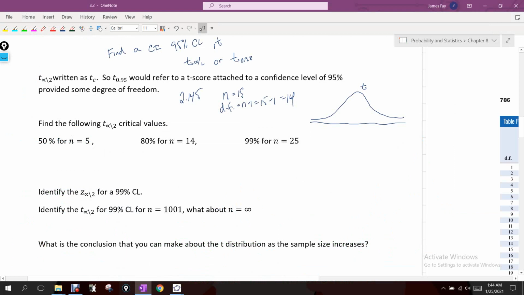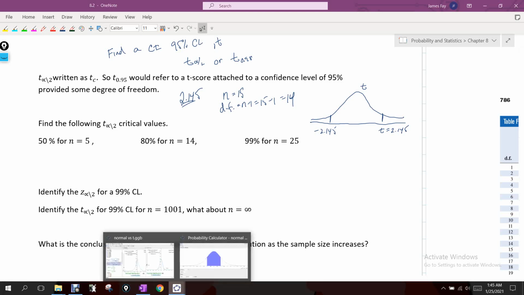But if I just put the curve there and don't say it's a t distribution, you might think it is a normal distribution. Basically, with this 2.145, we're saying on this curve, if I go out to a t-score of 2.145 and a t-score of negative 2.145, we should have 95% of our area in between.